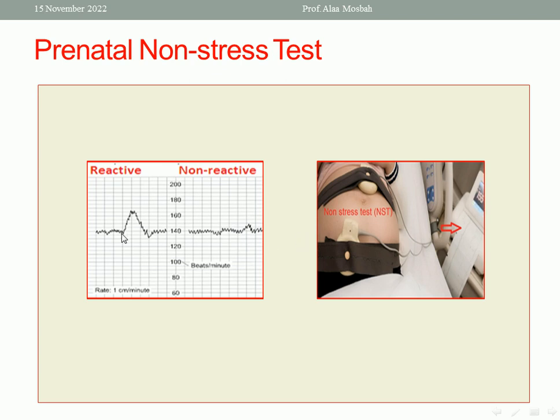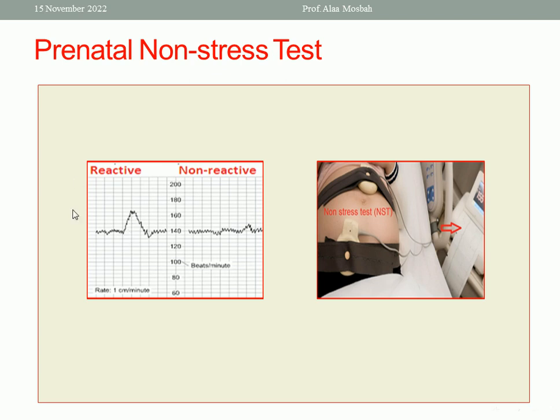As you see here, we consider the non-stress test positive if there is acceleration more than 15 beats per minute for more than 15 seconds, twice during 20 minutes of the test.